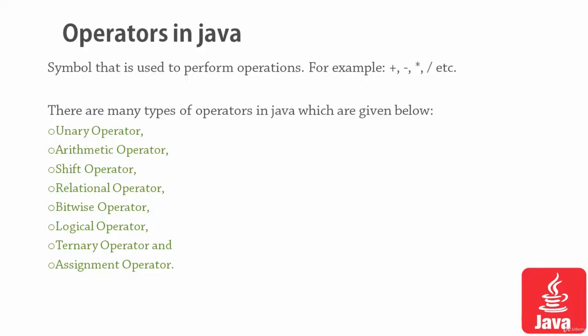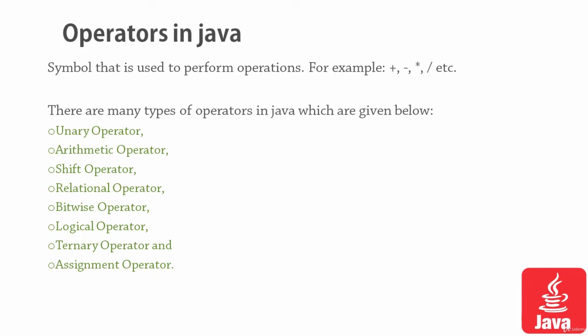Let's start. So there are various kinds of operators in Java, which are symbols used to perform various operations. For example, subtraction, addition, multiplication, division are various symbols. The subtraction is denoted by the minus sign. The addition is denoted with the plus sign, and so on.